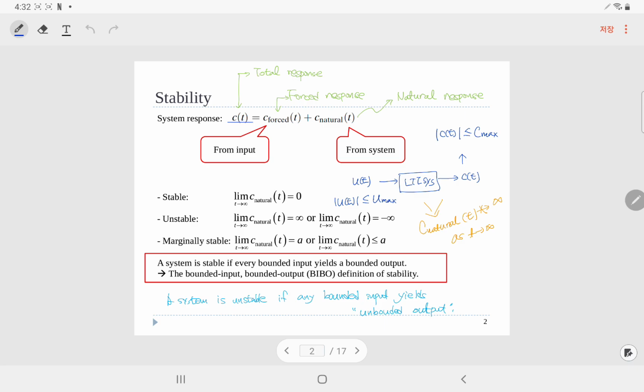A라는 값을 유지하면 토탈 리스판스는 포스드 리스판스에다가 A라고 하는 값만큼 더해준 값을 유지하더라는 얘기예요.